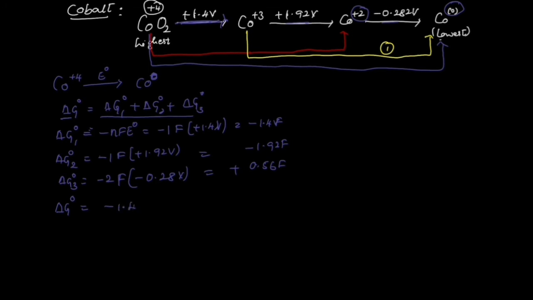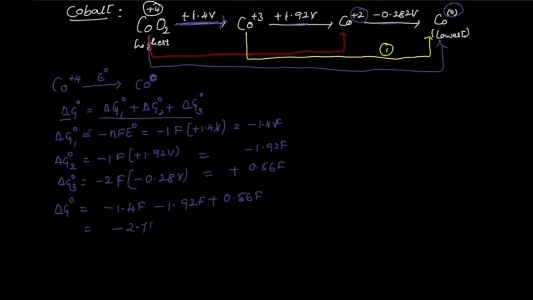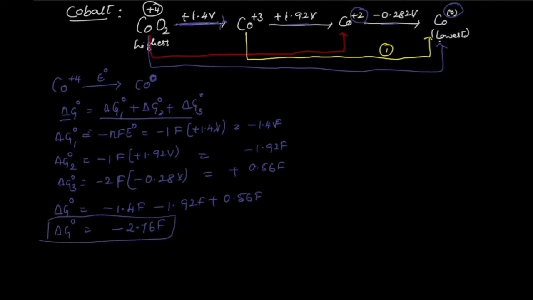That means minus 1.4 F minus 1.92 F plus 0.56 F is minus 2.76 F, the delta G naught value, which is negative.